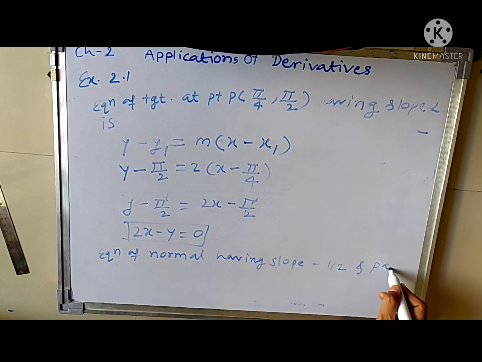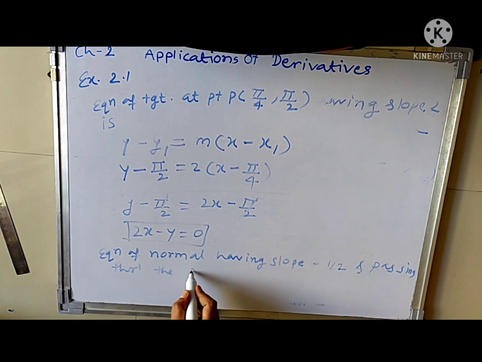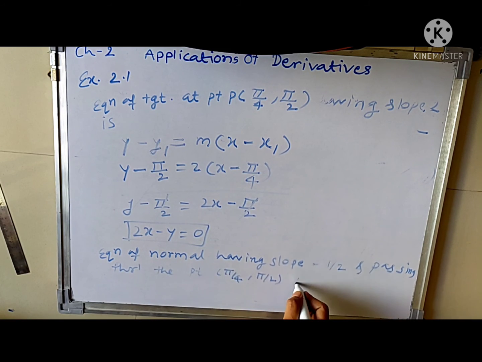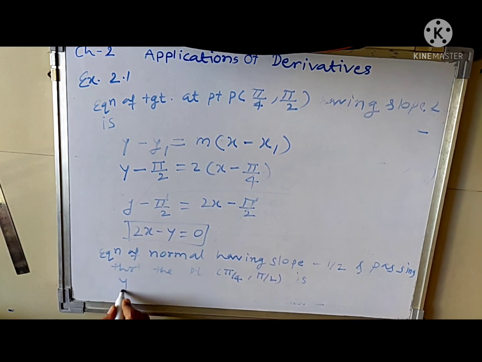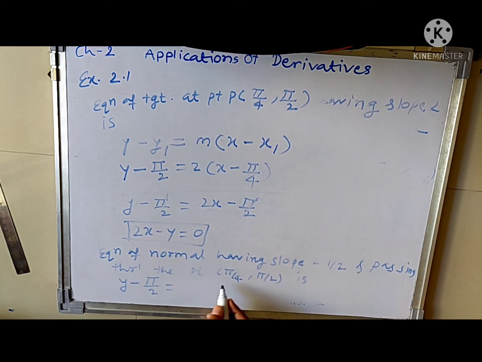And passing through the point pi by 4, pi by 2, you have to write y minus y1, y1 is pi by 2, equal to m, the slope of the normal is 1 by 2 but it is negative, times x minus x1, x1 is pi by 4.